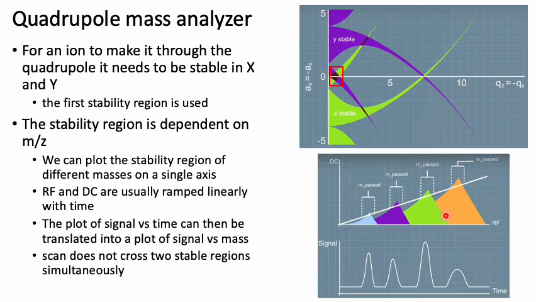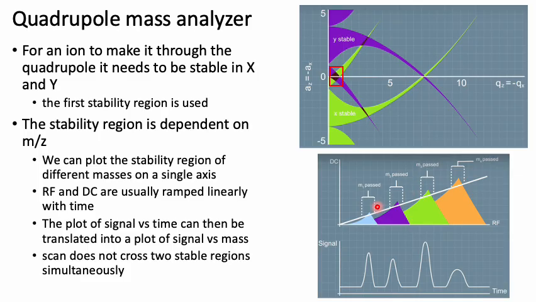So typically what you do is you ramp linearly the RF voltage and the DC voltage with time. And as you do that, you intersect these regions of stability in a way that as you hit that peak of stability in the RF versus DC plot, it occurs in a place where there's no overlap.